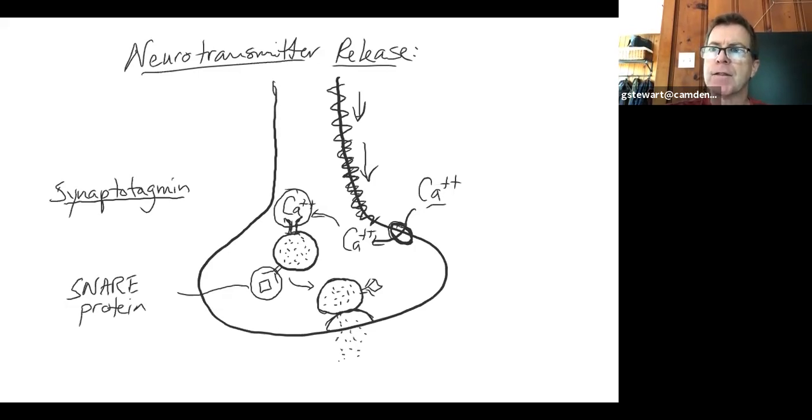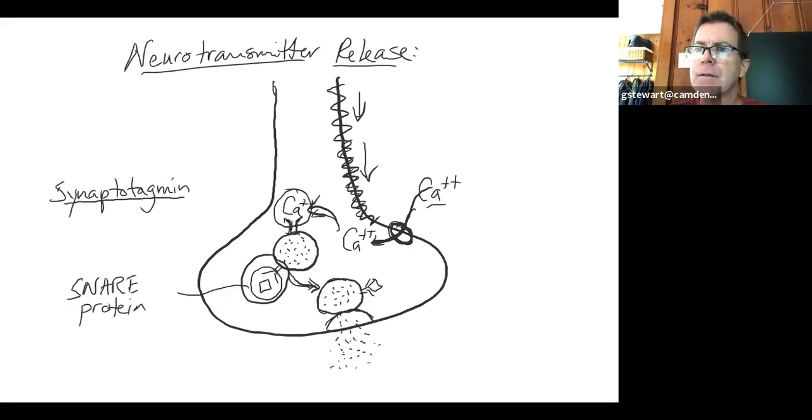So we've got step 1, step 2, step 3, step 4, it migrates and releases into the synaptic cleft. That's how the whole business really works in detail.